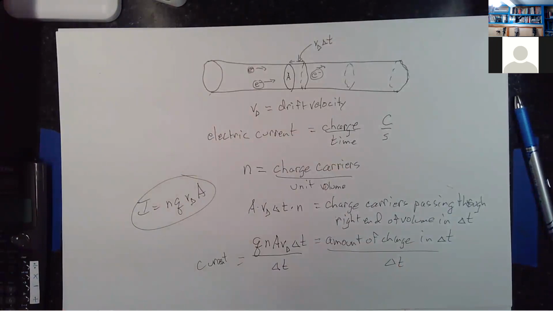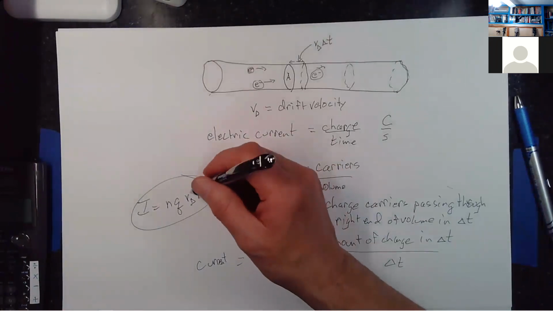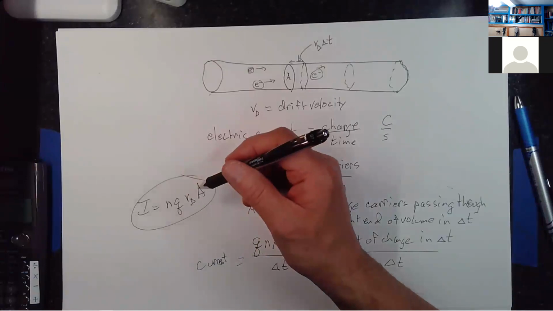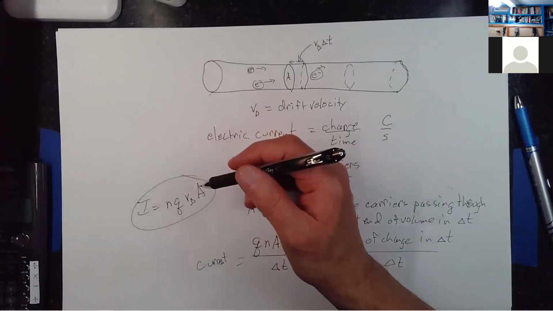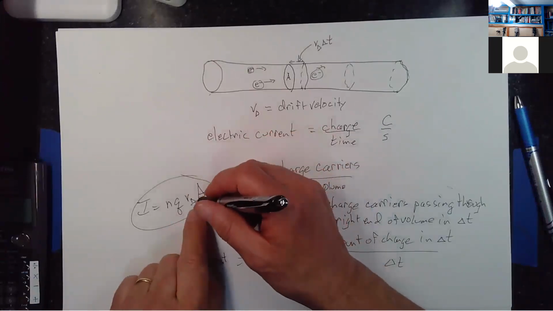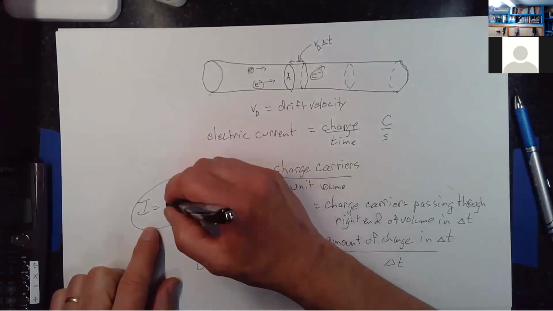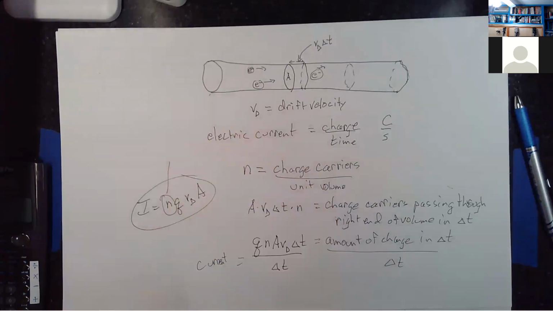And I mentioned at some point that the actual drift velocities of the charges are not going particularly fast. It may have been 2 days ago that I mentioned that it's on the order of centimeters per hour. The reason that they don't have to go very fast is this number N is sky high.